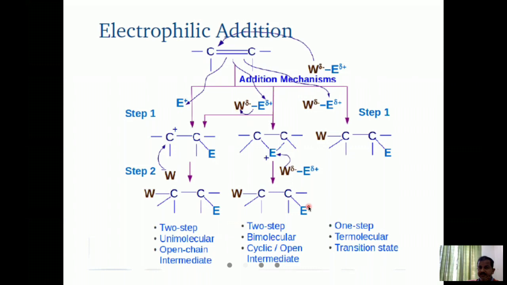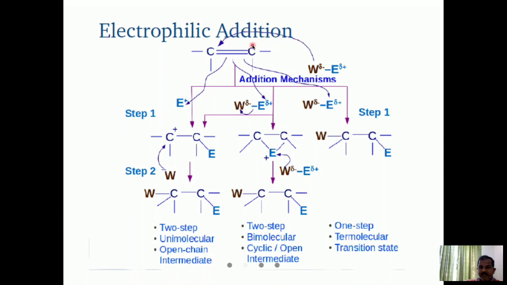This is the mechanism here. This is a double bond. The electrophile is going to attack. So which carbon is the electrophile attacking? Here, this is the electrophile generator, meaning from where the electrophile is going to be generated. So the electrophile will come from here.